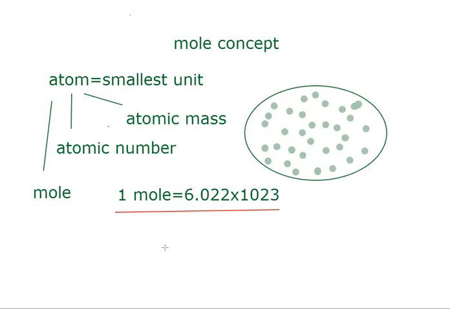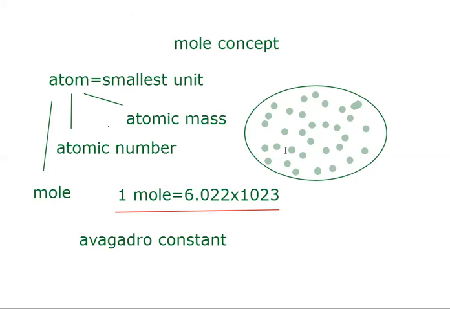Hence, because of its constant value, this number has been given a name in honor of its scientist, that is known as the Avogadro constant. Since the value is constant, it is not changing for any of the atoms.